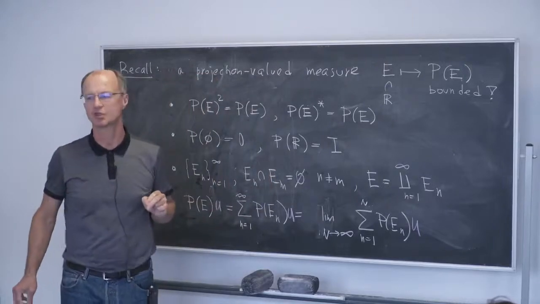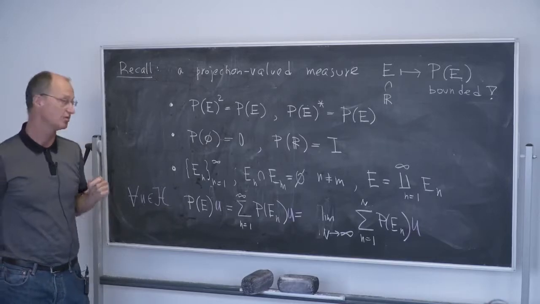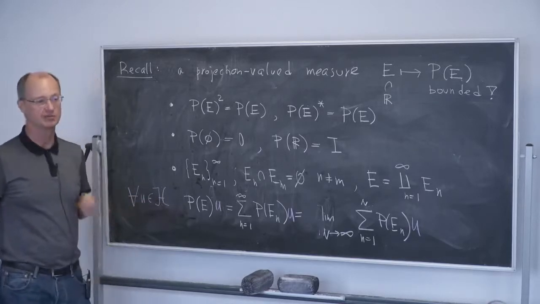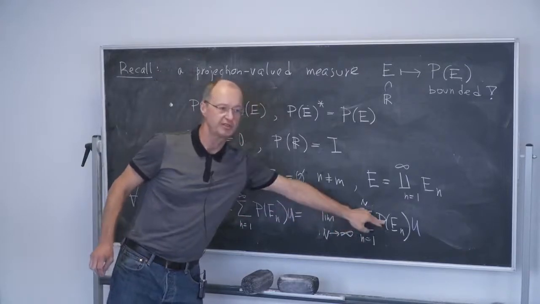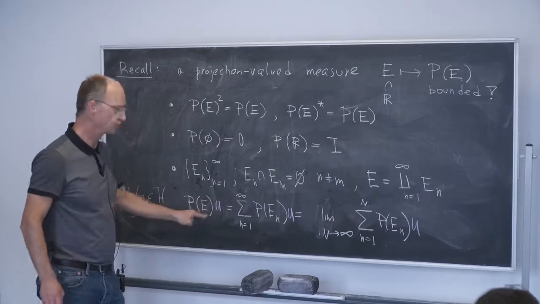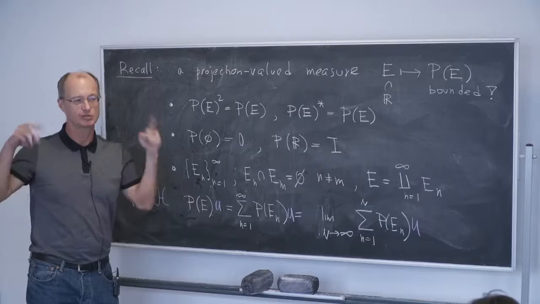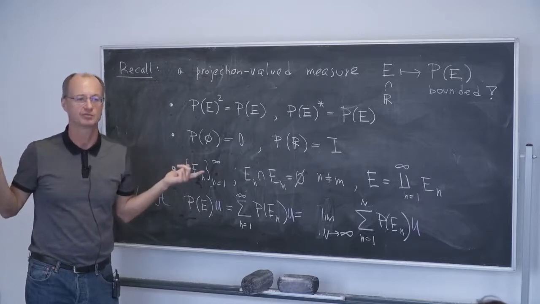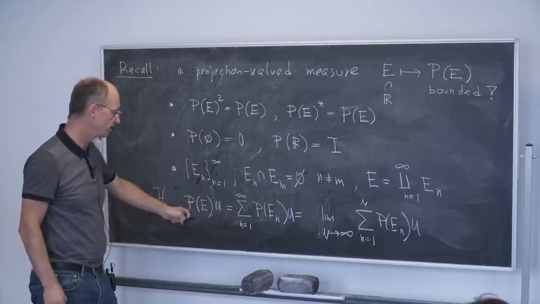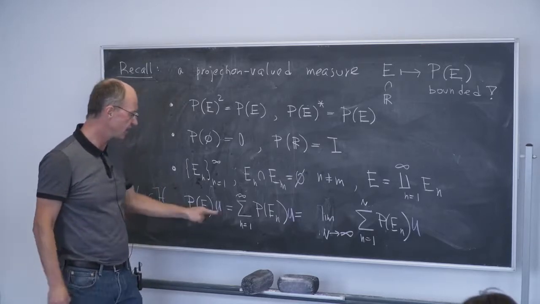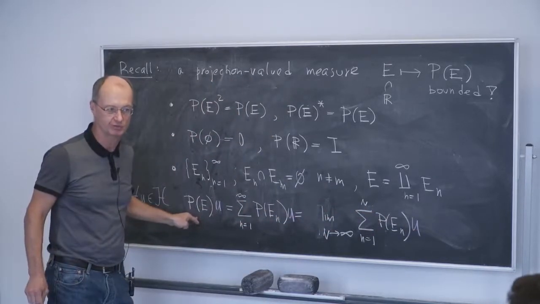What's the difference between what I wrote before and what I wrote now? What I wrote before, implicitly, was saying that this sequence of operators converges to that operator. Basically, when you're saying it, you assume this is under the operator norm, right? That's how you usually think about it. And here what I'm saying is that for every vector, the images converge to the image.